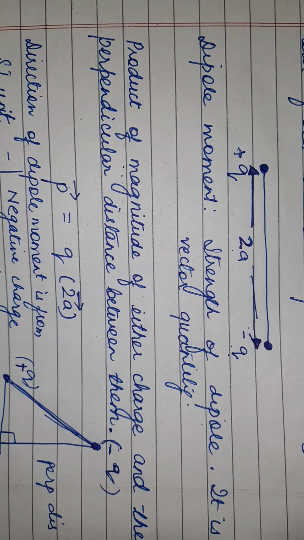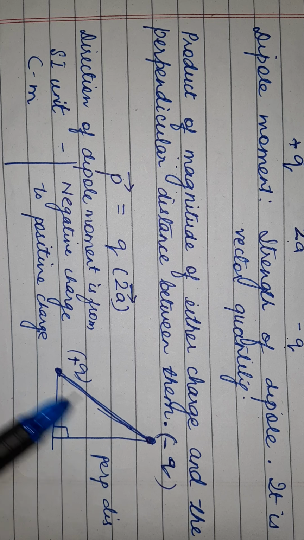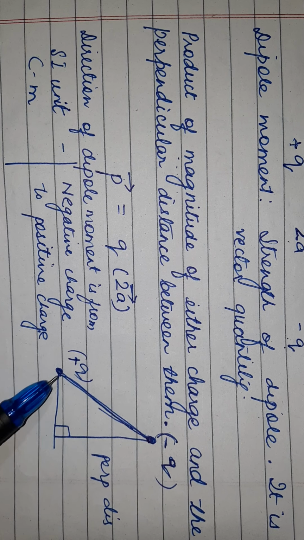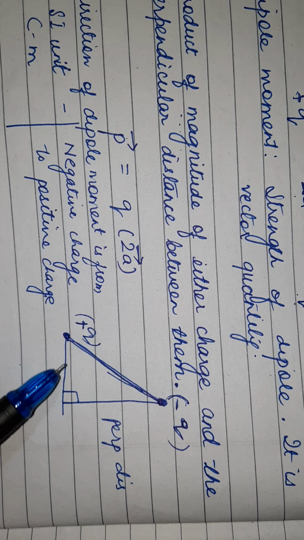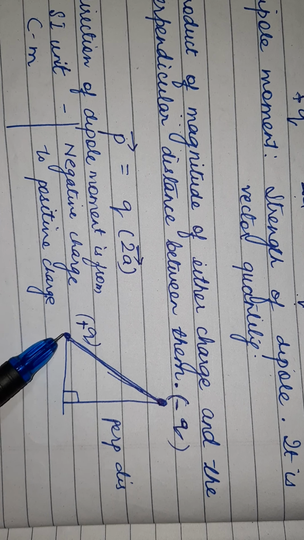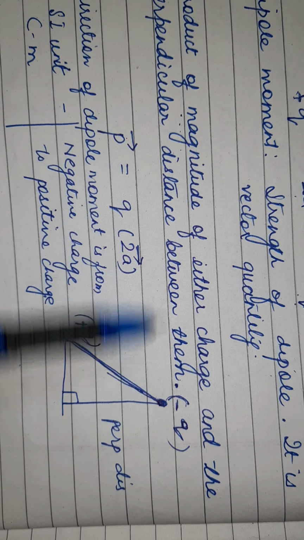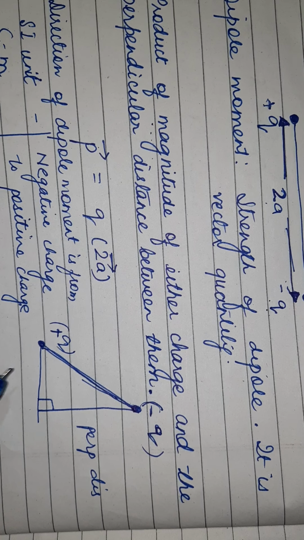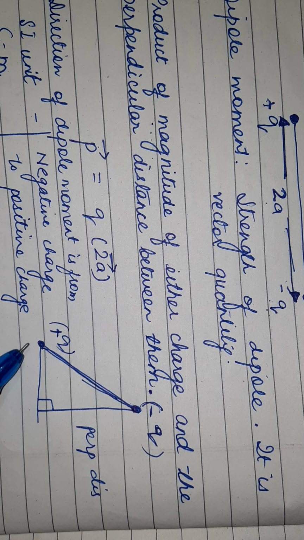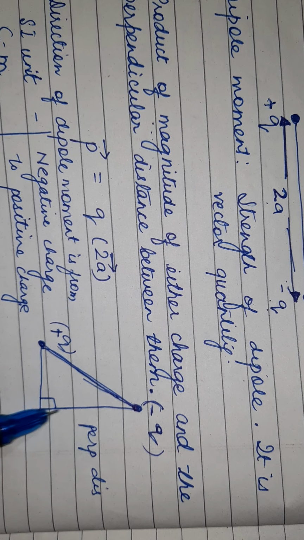Now here you can see the orientation of this dipole is different. So in this case, how will we write it? This is the magnitude of any of these charges. These are equal and opposite charges in both cases, so the magnitude will be the same. So Q, and what is the perpendicular distance?